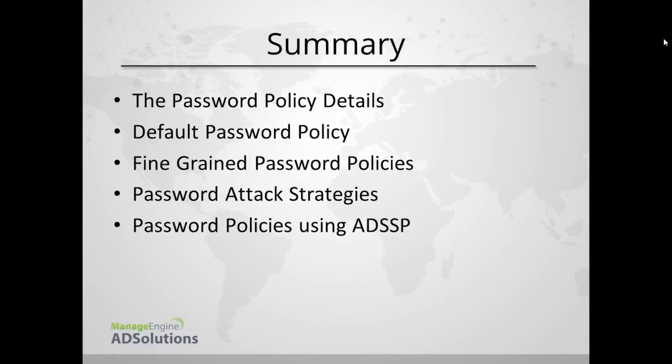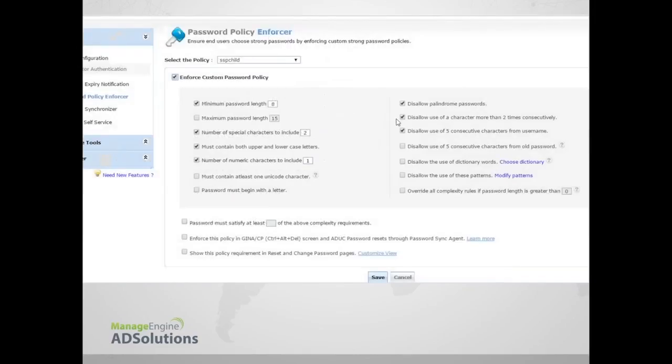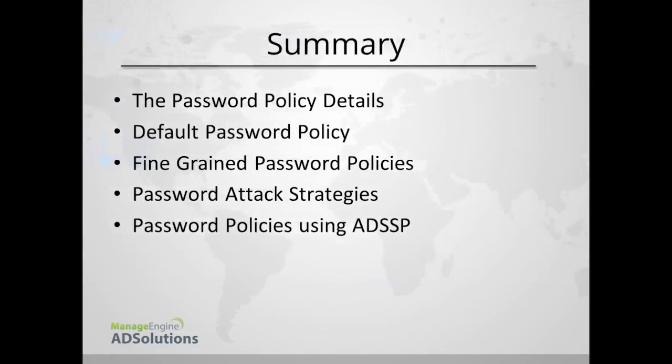In these policies, it allows you to have multiple password policies, and also like I showed you earlier, it allows you to configure different requirements like preventing use of blacklisted passwords or patterns, or prevent use of dictionary words, prevent using consecutive characters from the old password, etc. So these are possible only from the tool AD Self-Service Plus.